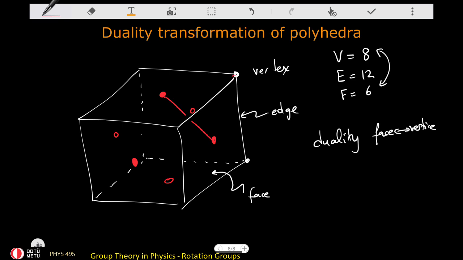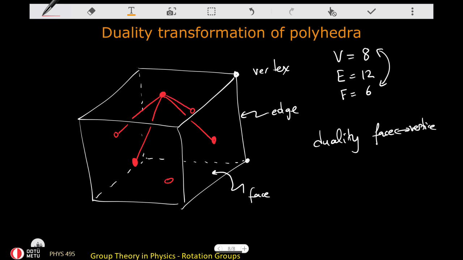So essentially, this edge of the cube is transformed into that edge of that other shape in here. In any case, we know that each face is a neighbor to 4 faces for the cube. That means that every point in here would be connected to 4 other points. So I'm just going to do that. So for the topmost face, I'm going to have these kind of connections.